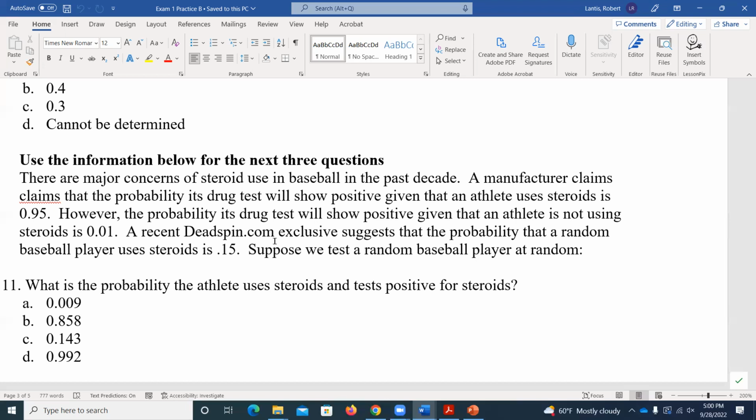All right, so the very first problem is, what is the probability that they're using steroids and I get a positive test result?